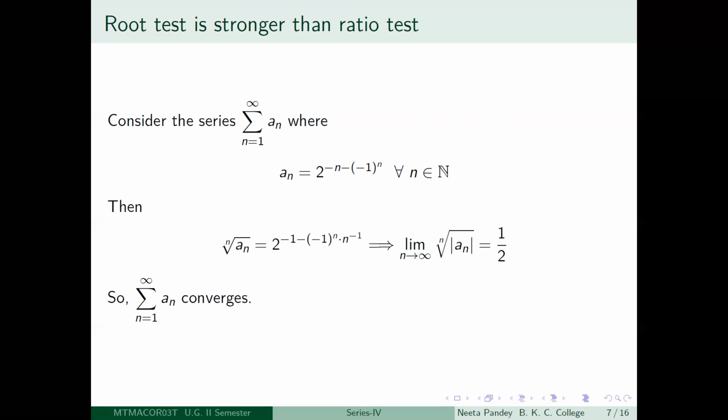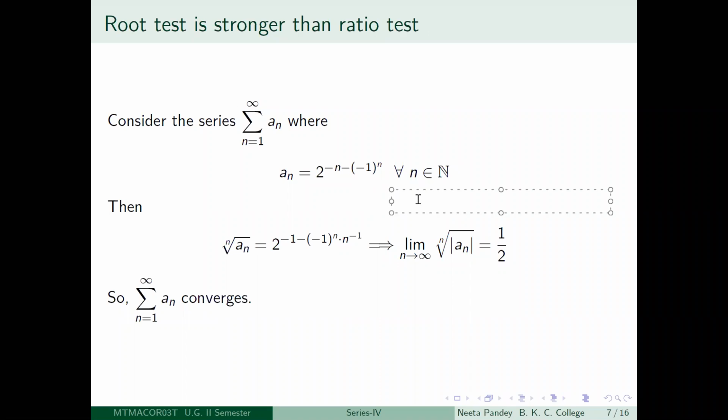This series is summation n equal to 1 to infinity an, where an is this ugly number: 2 to the power minus n, minus 1 to the power n.